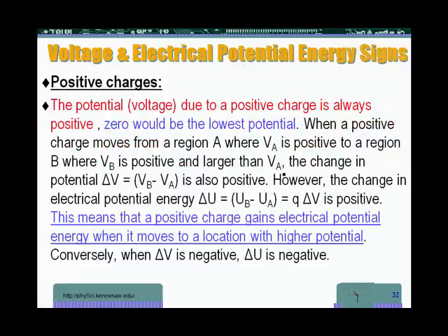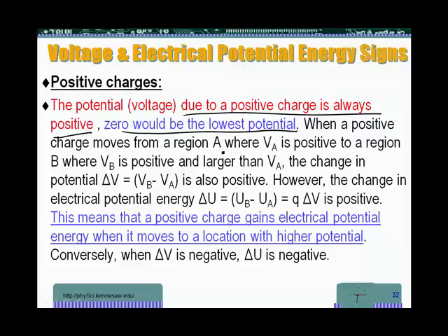Now for positive charges, the story is a little different. The voltage, the electrical potential, is always positive. 0 is our lowest potential.